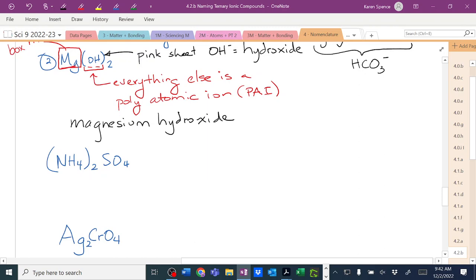Oh, this time I don't have a metal at the front. What do I have at the front? I have ammonium. So the first thing is, the cation is always going to be a metal or ammonium.